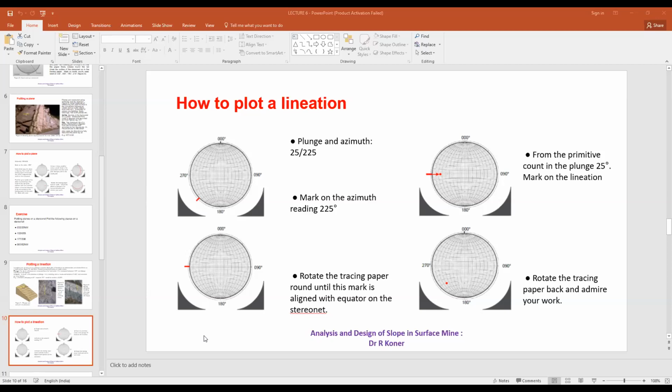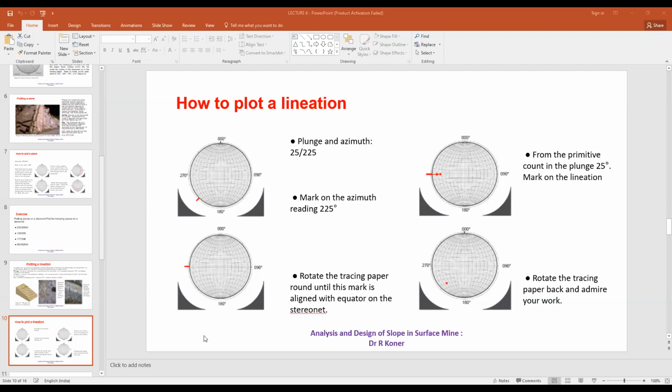Remember that. Strike was like that. We are rotating to north. Our orientation was there like that. So we'll keep it along the equator. Is it clear?